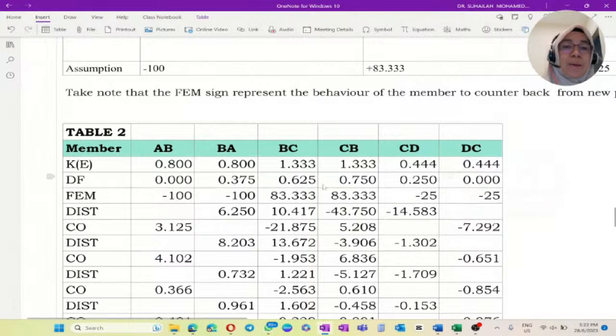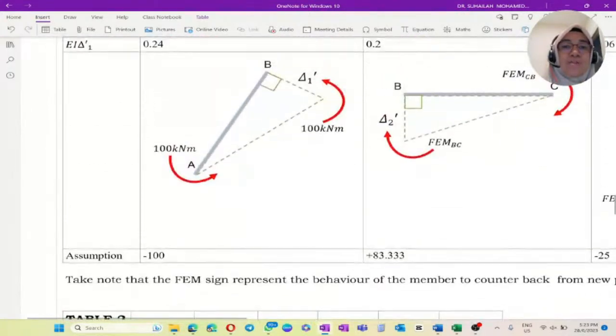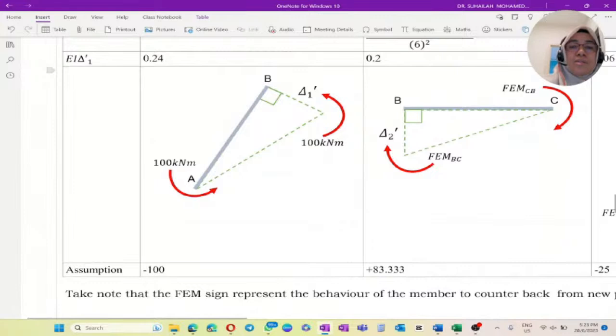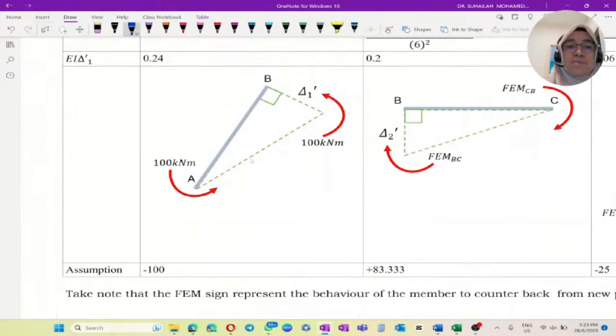Please remember that for FEM due to side sway, AB and BA must have the same sign, because the behavior is the same. Let us look at the behavior of the column after side sway.